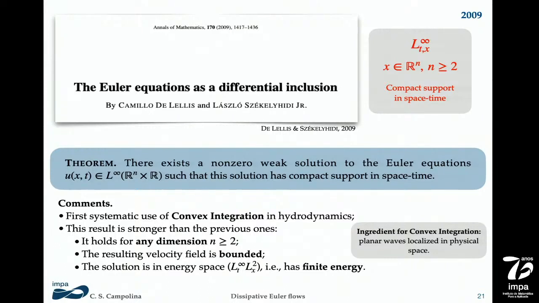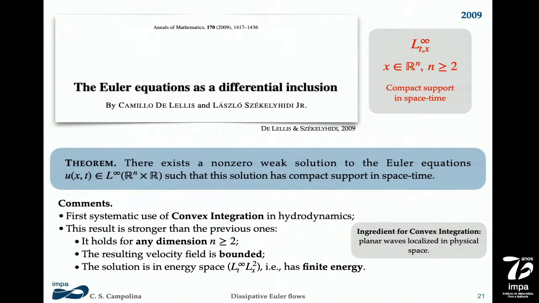Now the solution is in any dimension of space, R^n, greater or equal than 2. So it's not restricted to the plane. And the solution has compact support in space-time. This is the theorem: there exists a non-zero weak solution to the Euler equations, such that this solution has compact support in space-time in this class.